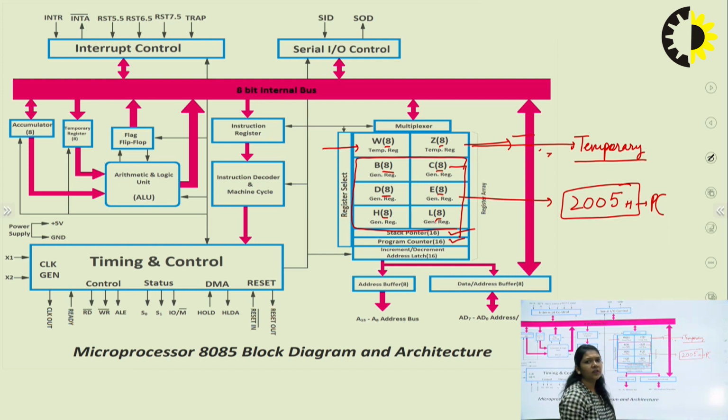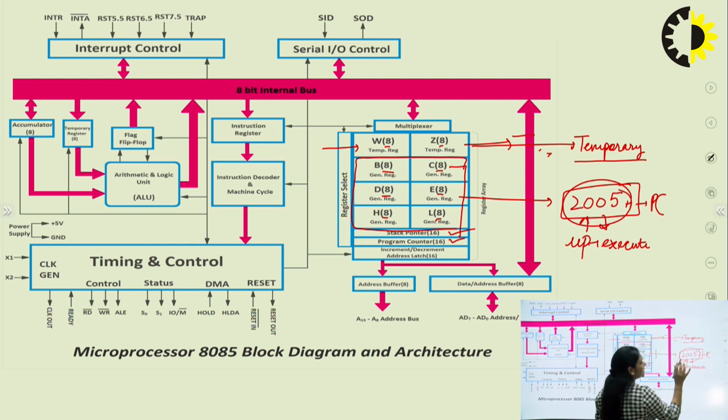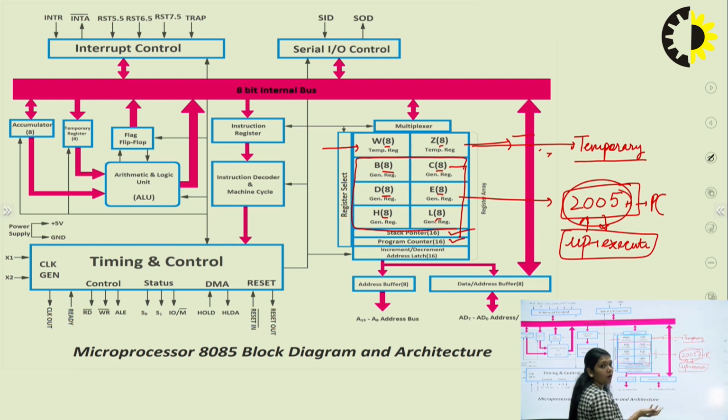So then what will the program counter do? The microprocessor will pick this address and will execute it, right? So at this address, whatever the instruction or data is there, it will be executed by the microprocessor. Now the program counter must need some instruction so that it can increment.